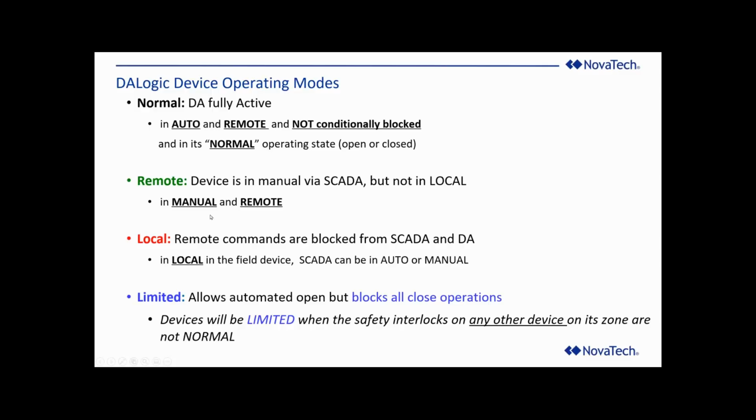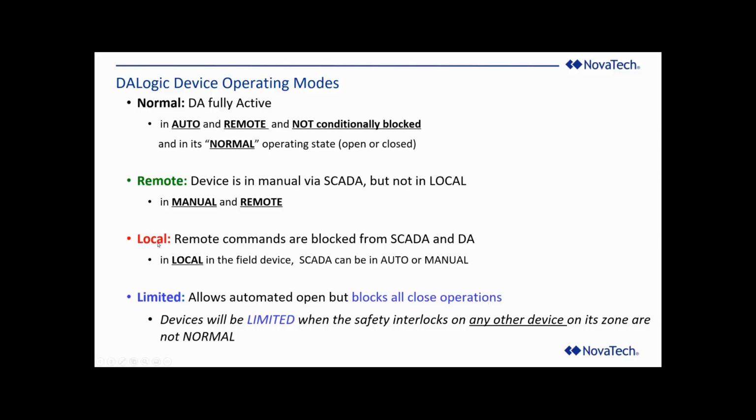When it's in remote, the local remote is in remote so that it will still accept commands from an HMI or SCADA, but if it's in manual, the auto manual is in manual, so that DA will not operate it, but it still can be operated from SCADA under the direction of a dispatcher.